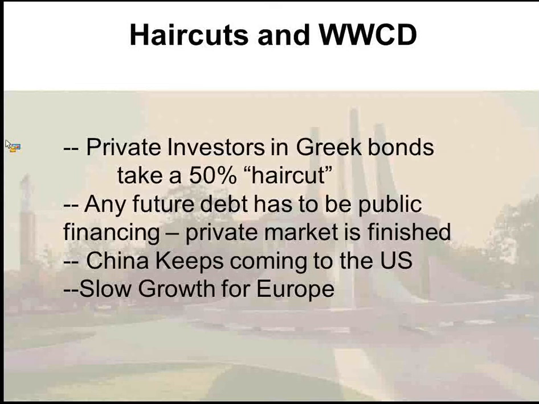That's a kind of restructuring that lenders do all the time. They think, well, I'm not going to get back 100%, but if I forgive some of that debt, will you pay me back? And so the people who bought Greek bonds have already taken a haircut of 50%. That's pretty serious.